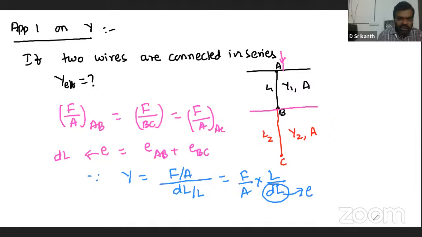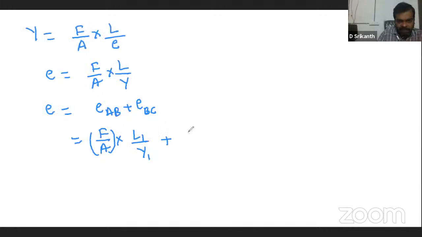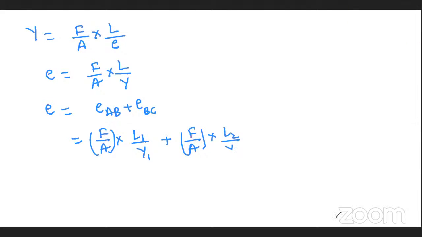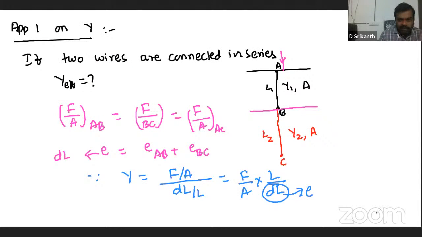And for BC, that is F by A times L2 by Y2. For AC, this is the total elongation.